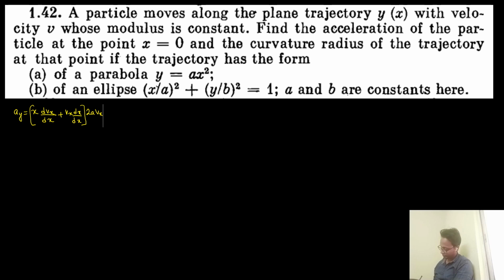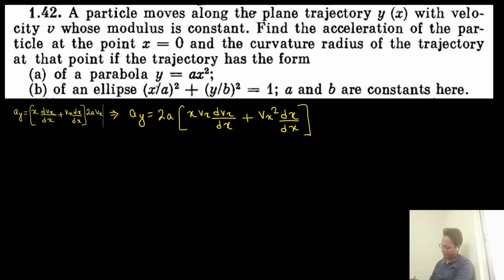So ay is equal to 2a into x vx dvx by dx. What I'm doing is multiplying this vx term inside the bracket, plus vx square into dx by dx. dx by dx is nothing but 1.